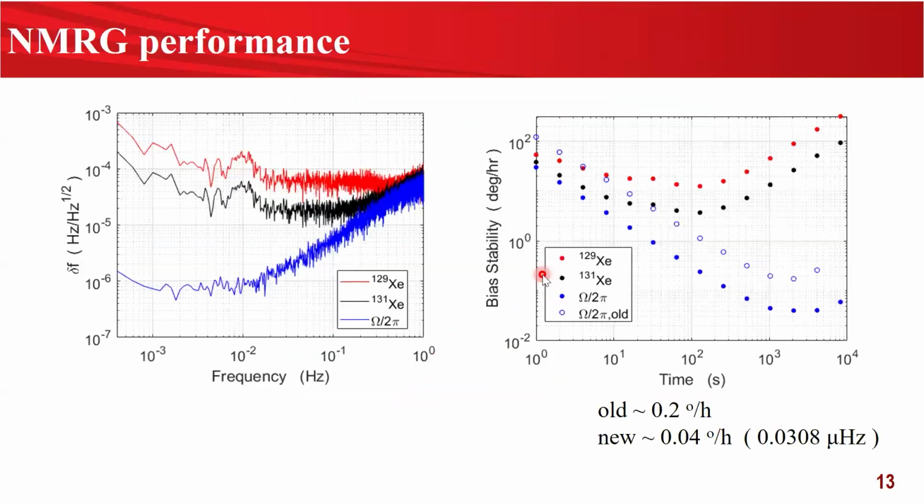So with the improvements above, we collected 30,000 data points, and our updated nuclear magnetic resonance gyroscope has demonstrated an angle random walk of 0.015 degree per square root hour and a bias stability of 0.04 degree per hour at 2000 seconds.